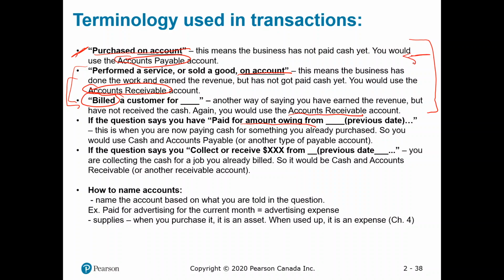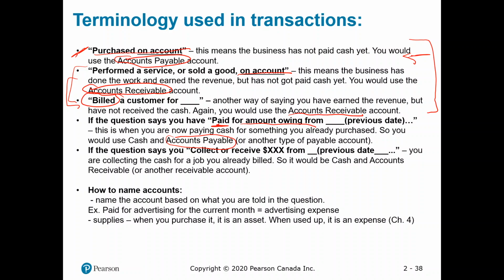So you set up the AP earlier, and now you're paying off that amount. So you would have cash going out because you're paying something, and you're going to be decreasing the accounts payable because you're paying that off. Or, as it says, another type of payable account. If it was interest, for example, you'd have an interest payable account.